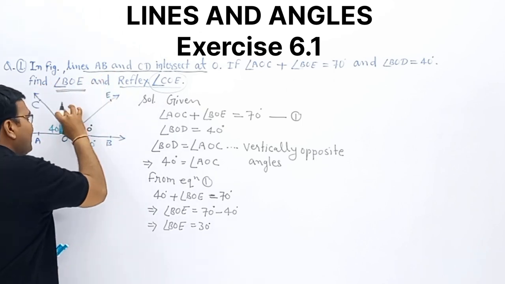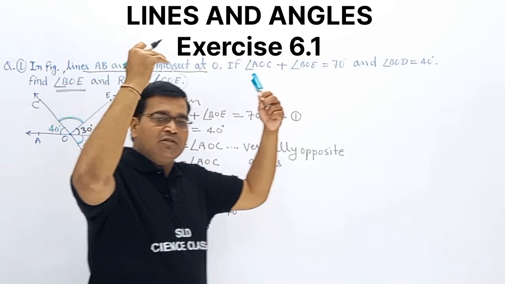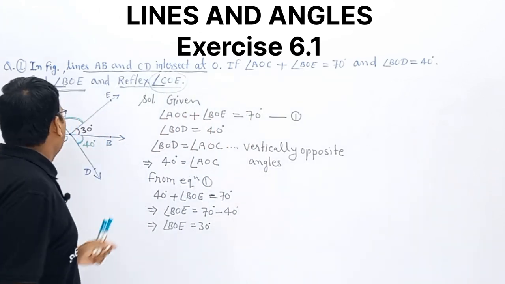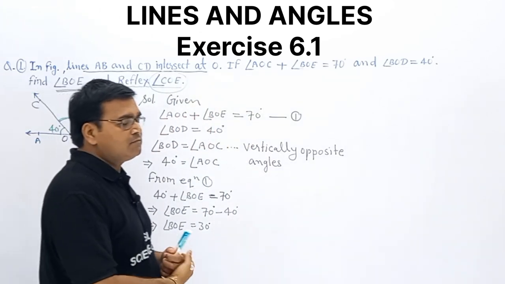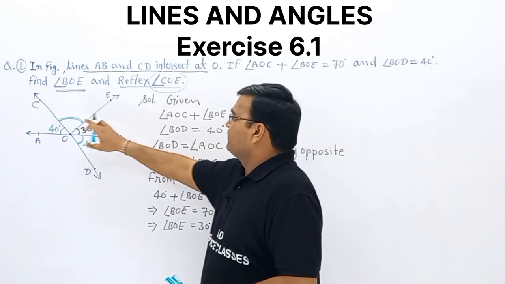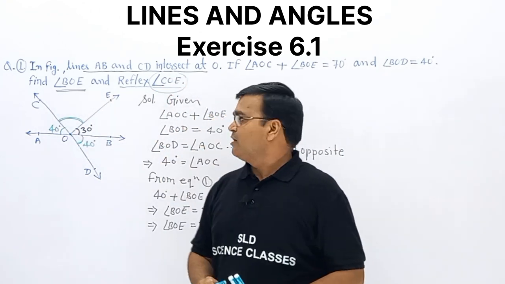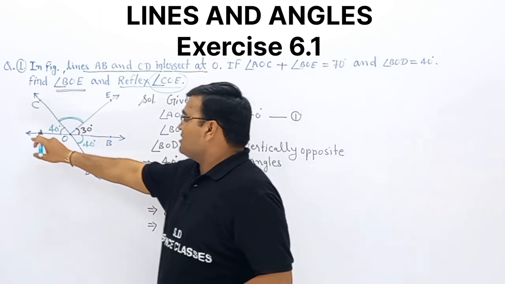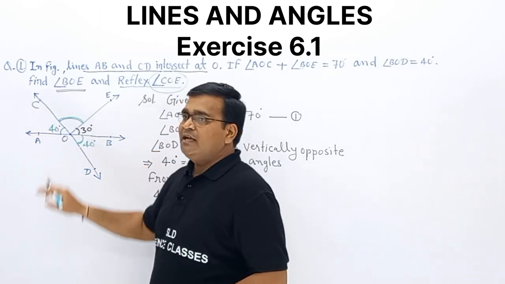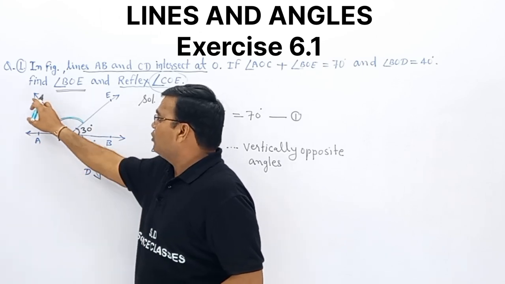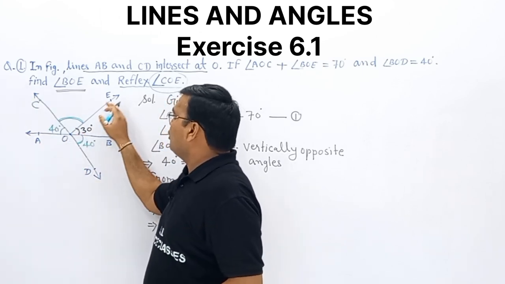Once we know this angle, 360 minus that angle will be the reflex of this angle. So observe. Now how will we obtain angle COE? Our task is to find this one. Observe, this is a straight line. One ray is OC, another ray is OE.